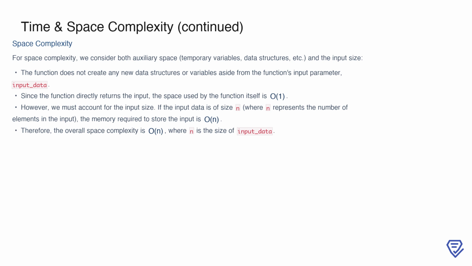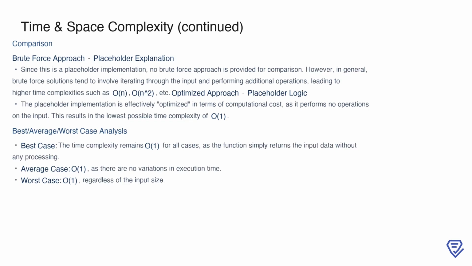Now, let's compare the placeholder implementation to a hypothetical brute force approach. Typically, brute force solutions involve iterating through the input, performing calculations, or applying operations that significantly increase computational cost. For example, brute force methods often result in time complexities like O(n) or O(n squared), depending on the operations involved.